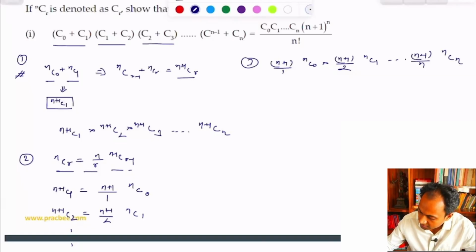So, once we have this, you can write it like this. You can see that we have n plus 1 raised to the power n, and 1, 2, 3 till n will become n factorial, and then we have n C0 into n C1 till n Cn.